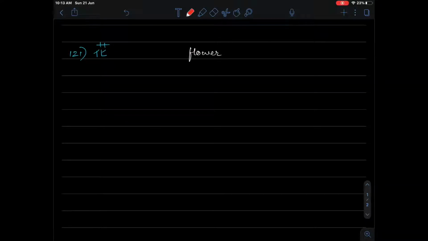At this point let me introduce a new little thing. This part that we see is the radical of this kanji, and this radical implies grass, or generally wherever you see this, it has something to do with plants.